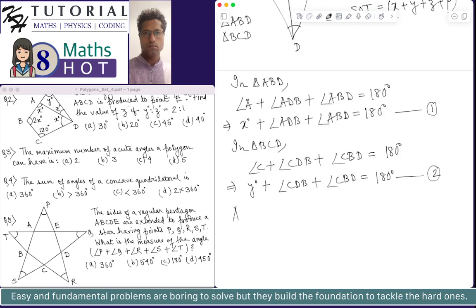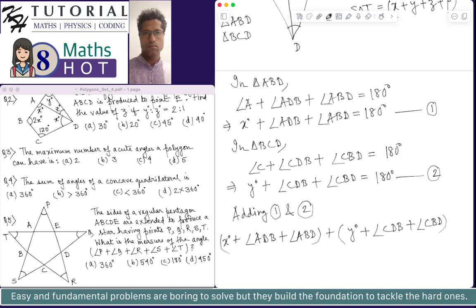Now, if we add up these two results, adding 1 and 2, we add up the LHS of the two equations and equate that to the sum of the RHS of the two equations. We get x degree plus angle ADB plus angle ABD plus y degree plus angle CDB plus angle CBD should be equal to 180 degree plus 180 degree, which is equal to 360 degree.